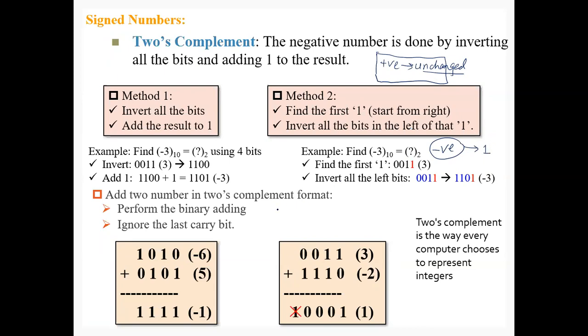Let's say if it is 2, plus 2 is 0, 0, 1, 0, right? In one's complement, what is plus 2? It's the same thing. In the 2's complement, what is plus 2? It's the same thing again.